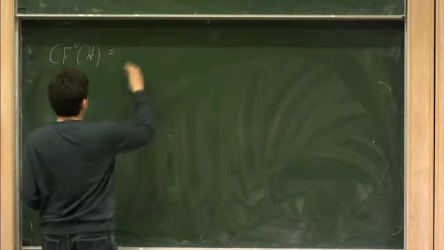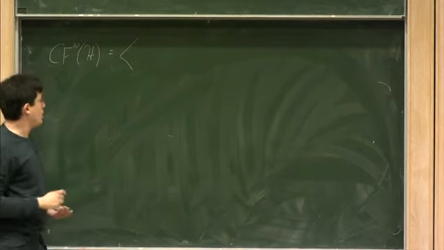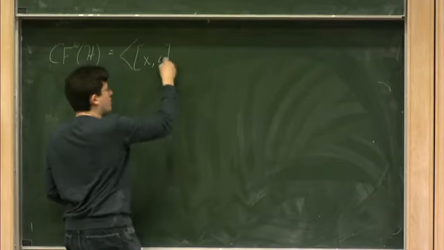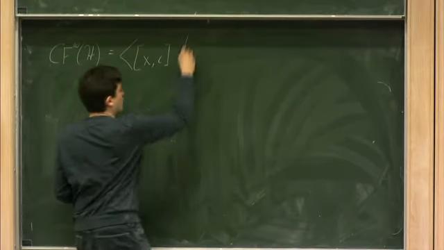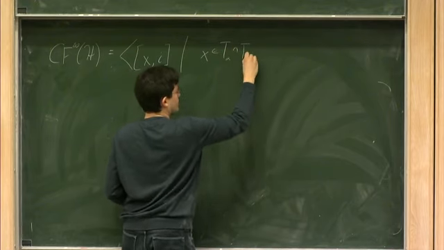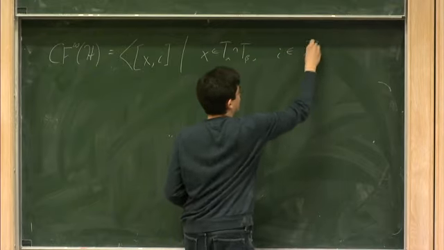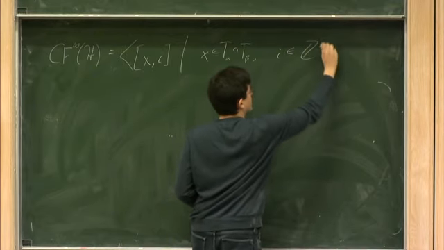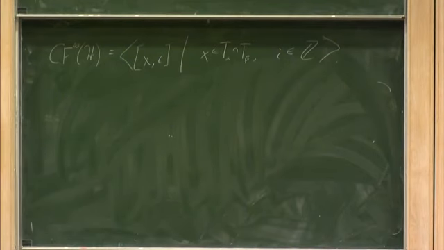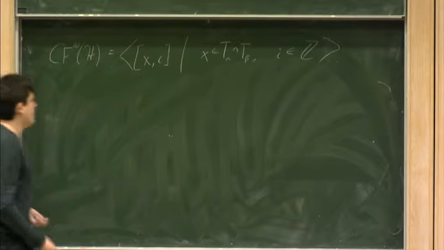Well, okay, so CF infinity is going to be generated over the field again by all of the intersection points together with an integer. Okay, so for some reason, the tradition of how we write these is x comma i.